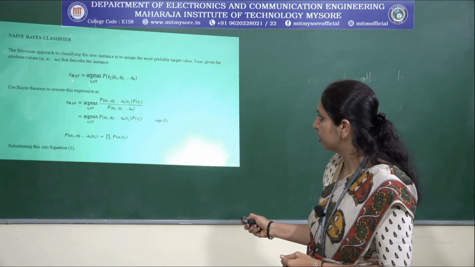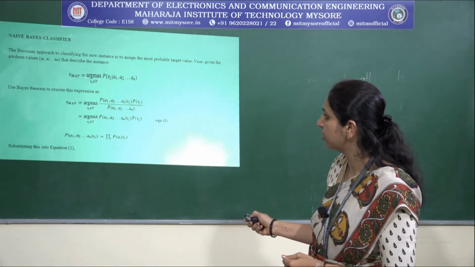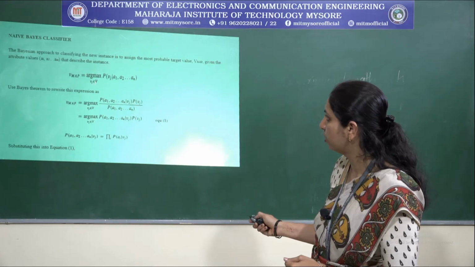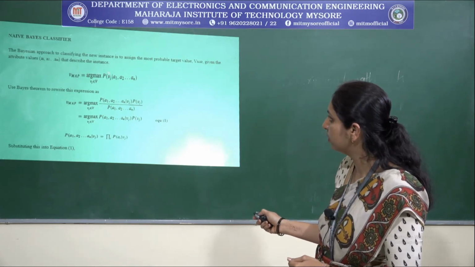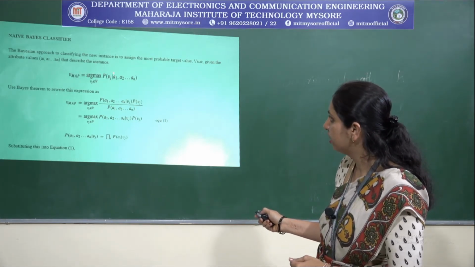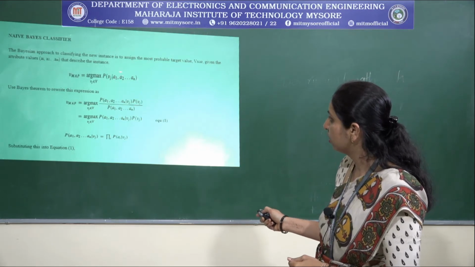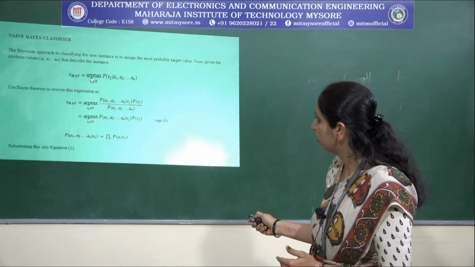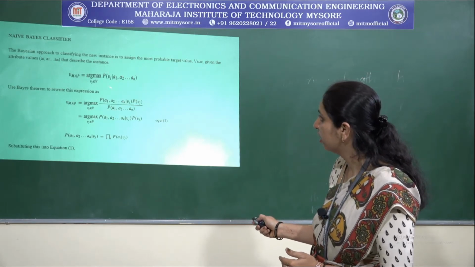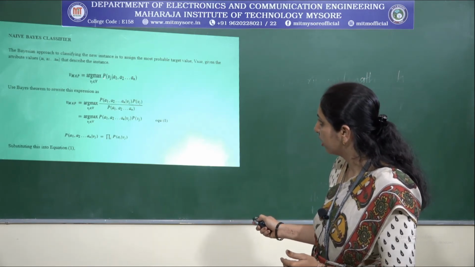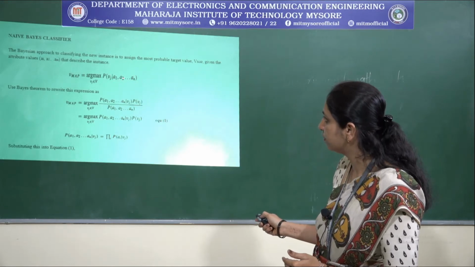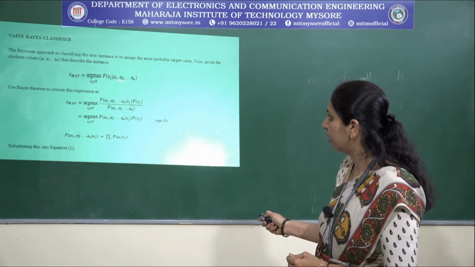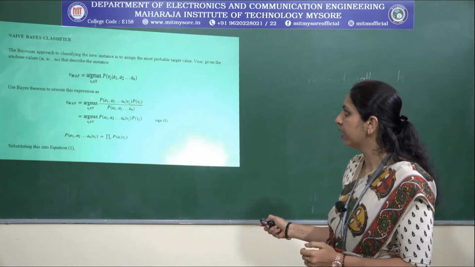You can see the equation, which we have already seen in Bayes theorem, that is the maximum a posteriori value, equal to argmax of the probability of Vj given A1, A2, up to An. This is a posterior probability, calculated based on the attributes A1, A2, till An, and we use Bayes theorem to rewrite the expression.